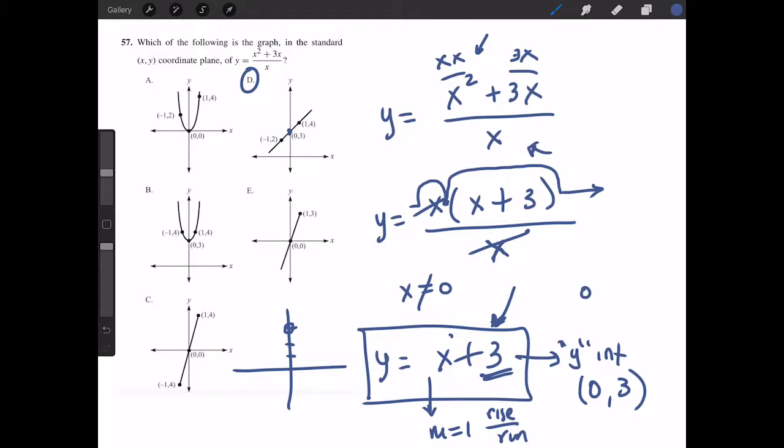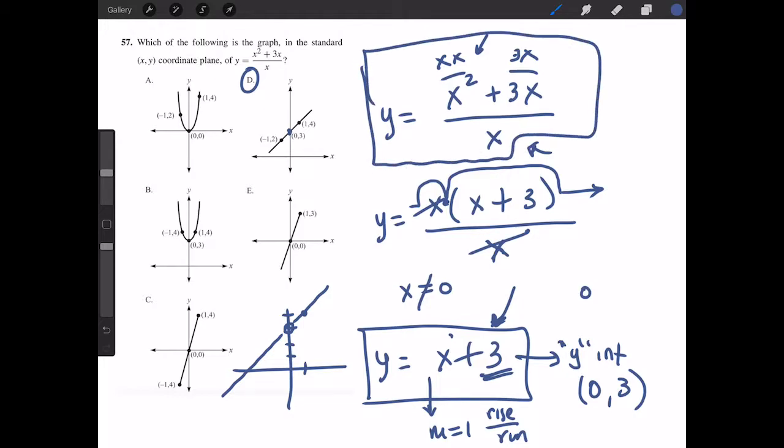And then the slope is 1, which means that if you go up 1 and then forward 1, you find the next point on the graph, etc. So with that, you can just connect. And this is the graph of y equals x squared plus 3x, everything divided by x. So choice D is correct.